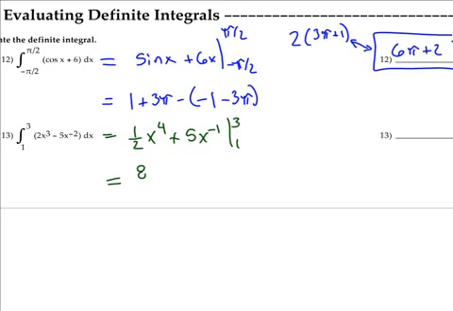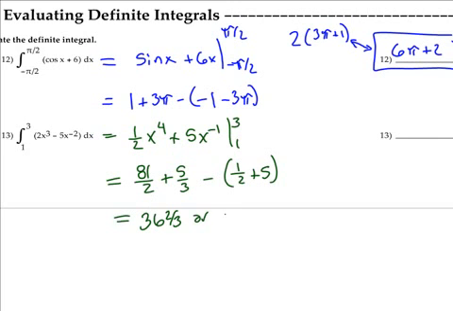Plug in 3, I got 81 halves. Plus, plug in 3, I got 5 thirds. Minus, plug in 1, I got a half plus 5. It's just a matter of figuring out what that equals. That's about 36 and 2/3, or 36.67-ish.